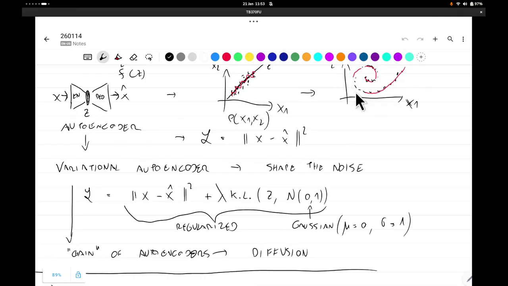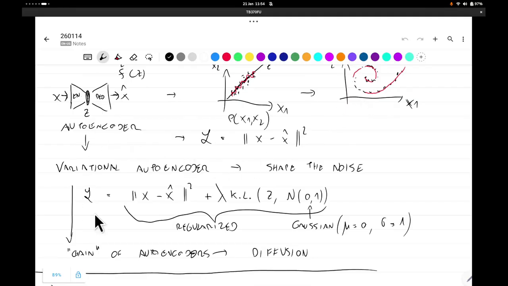So the data could be distributed in any way. If you select a point here, you would be able to go back to the initial data points, but you do not necessarily know the distribution that you have. So if you want to sample, you don't know how to sample this one-dimensional representation, right? It could be uniform, it could be anything.